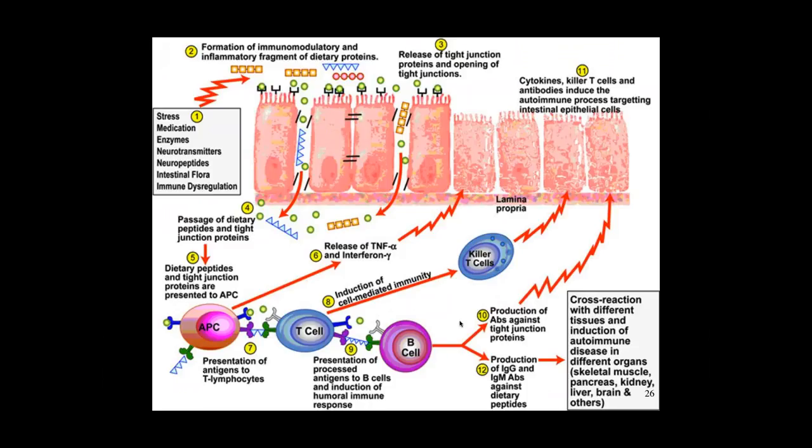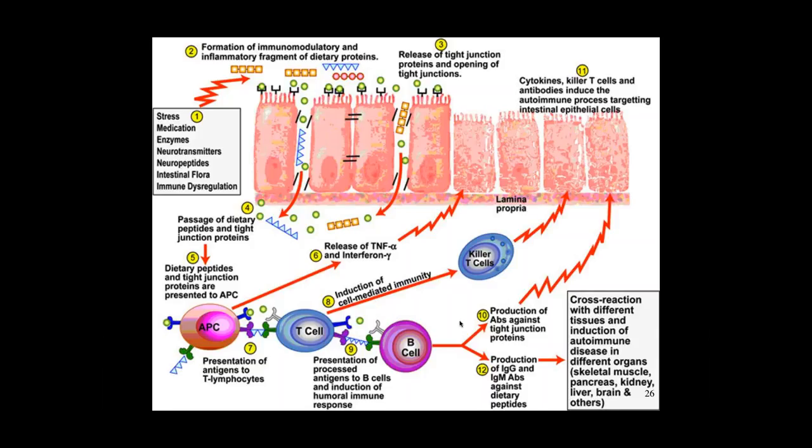So what I want you to see here is, if you can look at the little blue triangles, these are the peptides that are managing to get through the cells. You can see there between intestinal cells, we've lost tight junction proteins, and there are substances getting through.